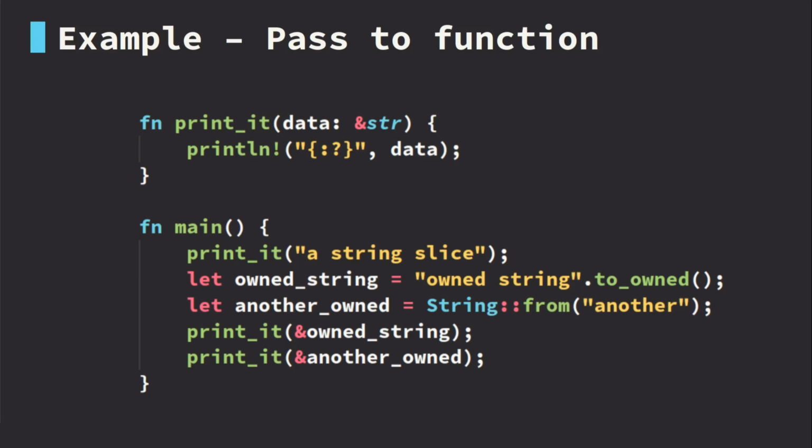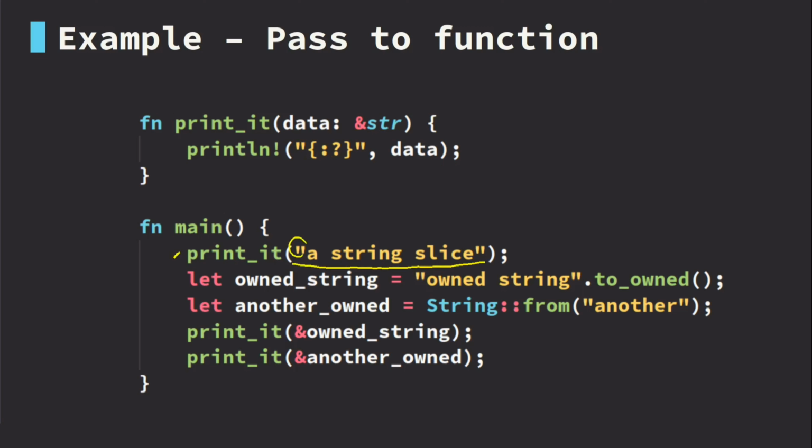Let's first take a look at an example of how to pass string data to a function. Here we have a function named printIt, and it accepts a string slice as some data, and it simply prints out the data using the println debug token. We call this printIt function using a string slice.